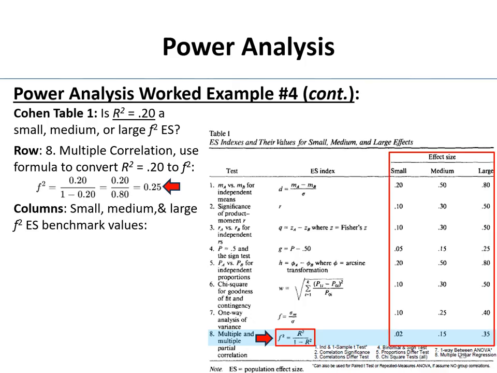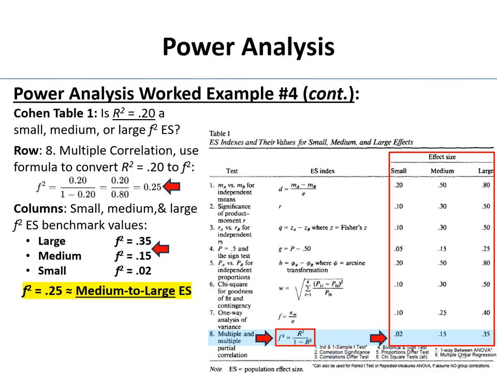Now looking at the effect size columns for small, medium, and large Cohen's F squared benchmark values, we can see it's 0.35 for large, 0.15 for medium, and 0.02 for small. And an F squared of 0.25, that's what our R squared was equivalent to, is somewhere between medium and large, about halfway, right? So it's a medium to large effect size is what we would call an R squared of 0.2.